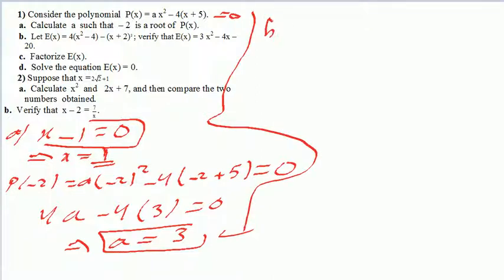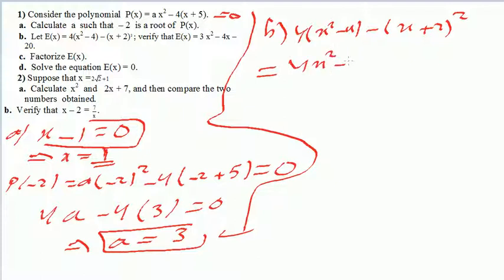So in part B, what do we have? Let e be equal to this expression here. Verify that e of x is equal to 3x squared minus 4x minus 20. So I just multiply these things out. 4 times x squared minus 4, minus x plus 2 all together squared. This is equal to 4x squared minus 16 minus x squared plus 4x plus 4.